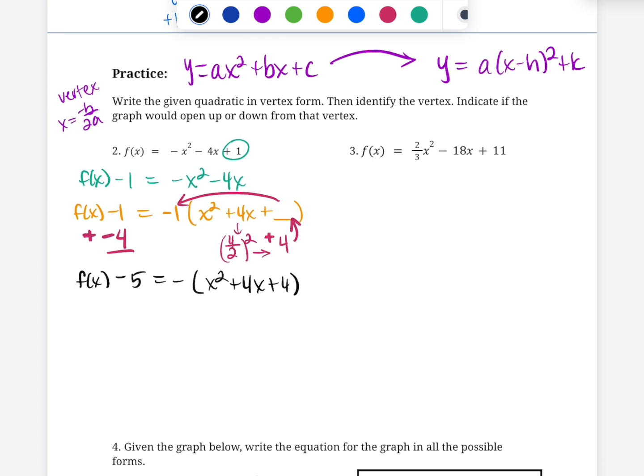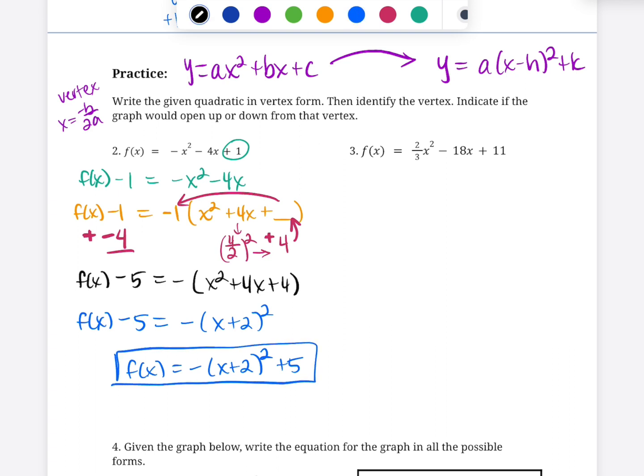And then this is the part where we clean up and rewrite in vertex form. So this turns into x plus 2, that quantity squared. And then my final vertex form is minus x plus 2 squared and then plus 5.